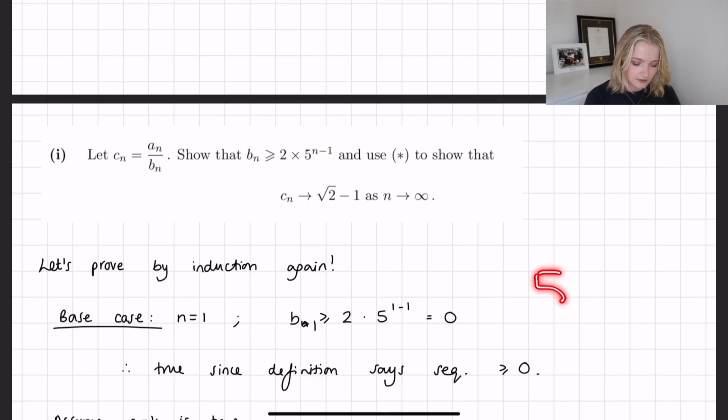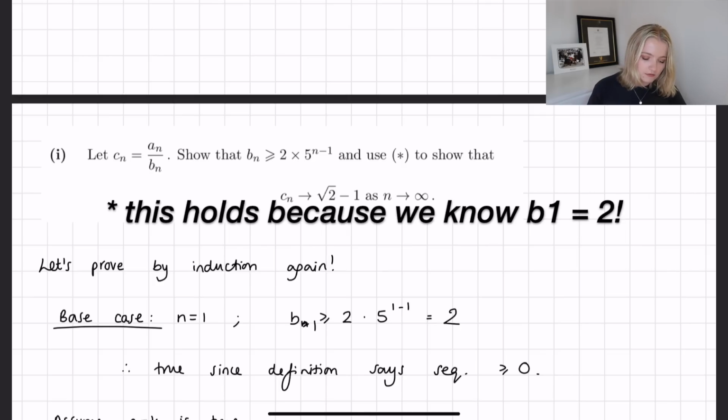And obviously 5 to the 0 equals 1. That should be a 2. Excuse my error there. But essentially what we've said is b1 is greater than or equal to 2. And by the definition of sequences, we're told that they're greater than or equal to 0. So yeah, this holds. So we know that the base case holds true.